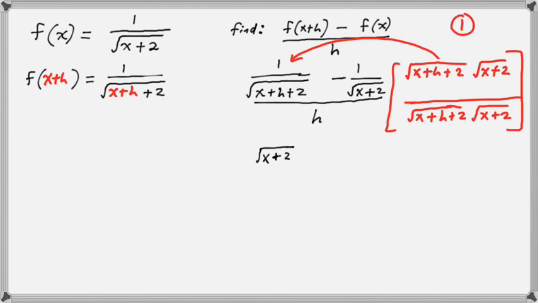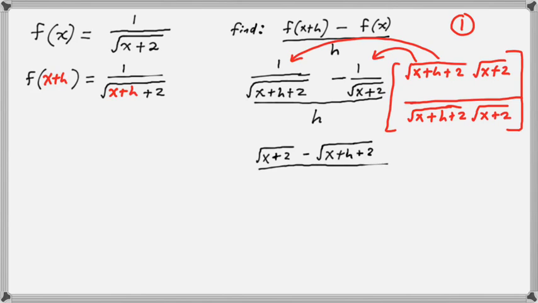Now when I multiply the second one, the ones with 2's are going to cancel, right? You may want to think of this as over 1. Top times top, bottom times bottom. Anyway, those would cancel, leaving me what? The one with 3 of them, x plus h plus 2.